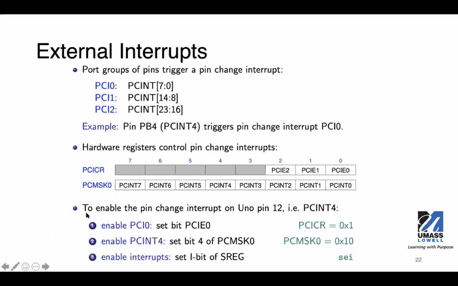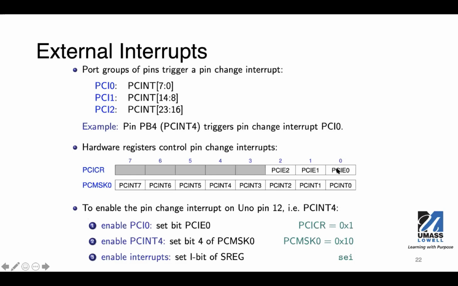Okay, so we have an example to enable the pin change interrupt on this Uno pin 12. That corresponds to pin change INT4 as a part of the first group. Okay, so we know this first group corresponds to PCI0.